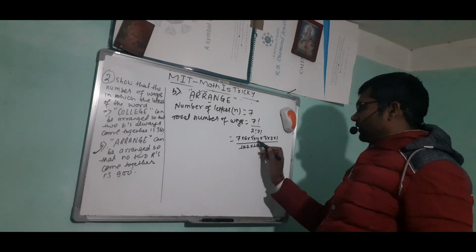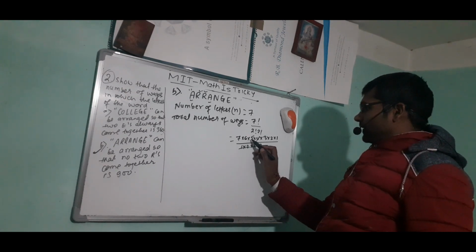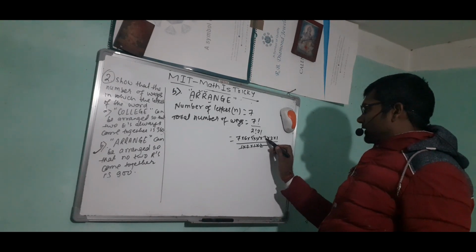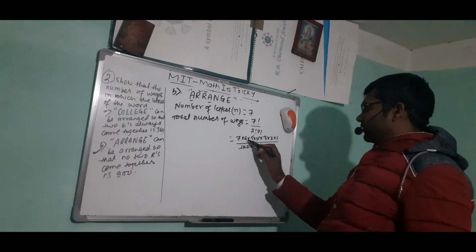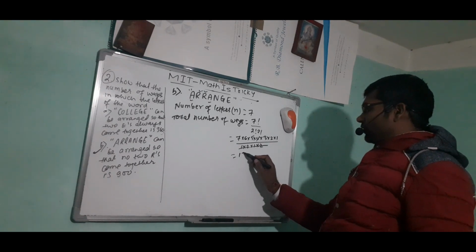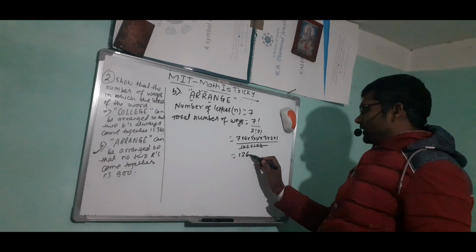It means here 4 and 4 we can cancel, so it will be 6 into 5, 30 into 42, it is here 1260.